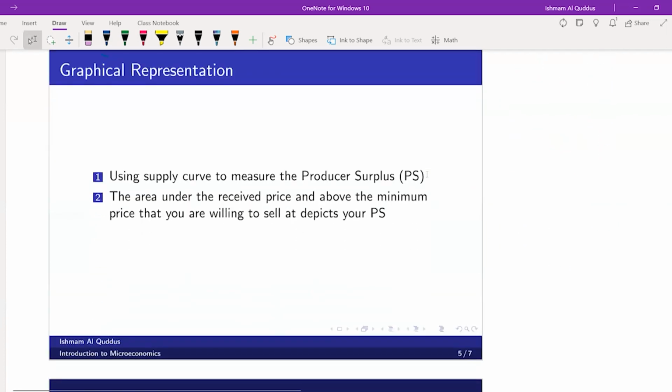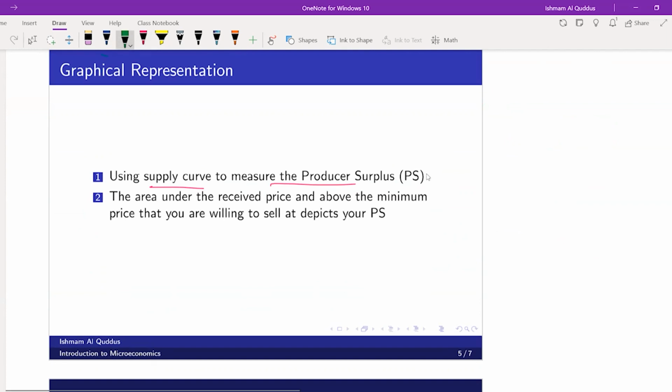Just like consumer surplus, we can use a graphical representation to understand this concept and learn how to measure the producer surplus. Using the supply curve, we can measure the producer surplus.